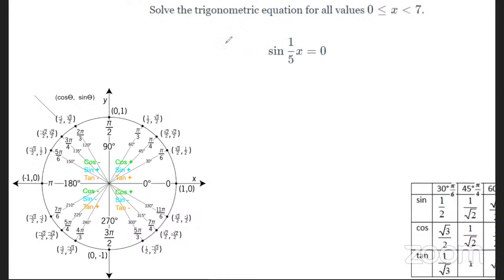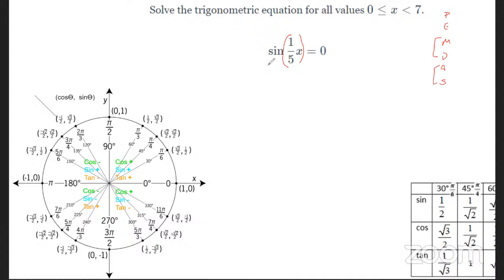Now this one we can see is going to be a little bit different, because we have here 1/5 times x. So this 1/5, if we think back to PEMDAS, okay, addition and subtraction, multiplication and division, exponents, which includes logs and trigonometric functions.